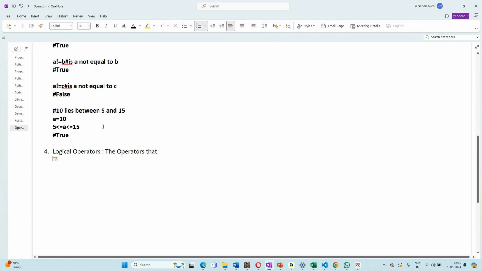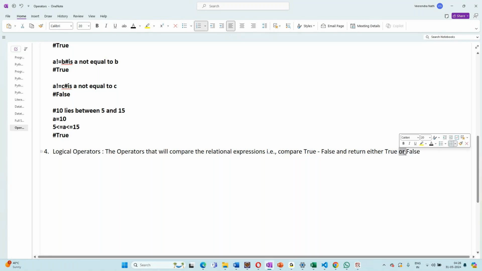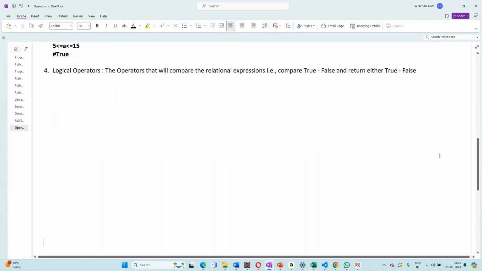The operators that will compare the relational expressions, that is, compare true and false, and return either true or false only. So that's the idea of logical operators.